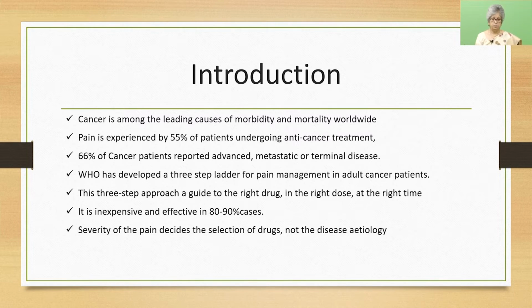So, WHO has developed this 3-step ladder for pain management in adult cancer patients. By following this WHO 3-step analgesic ladder, you can choose the right drug, right dose, and give it at the right time to the patient, and 99% of your patients will be relieved from cancer pain.